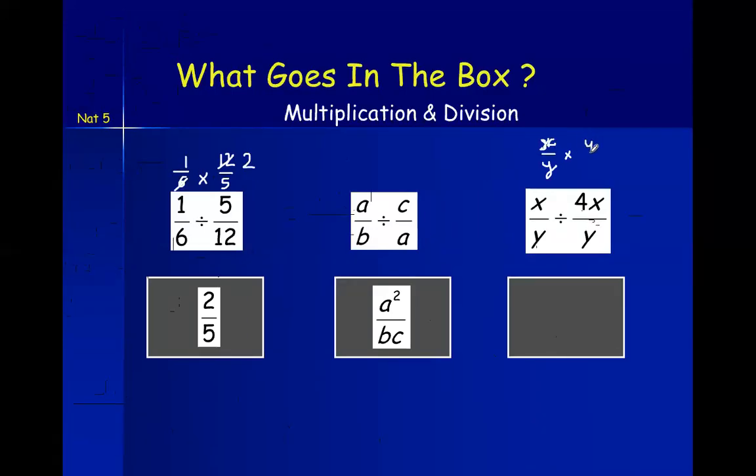So we're going to simplify again. X divided by x, that's a 1. Y divided by y, that's a 1. 1 times 1 is 1. I end up with a quarter. Okay? Easy enough?